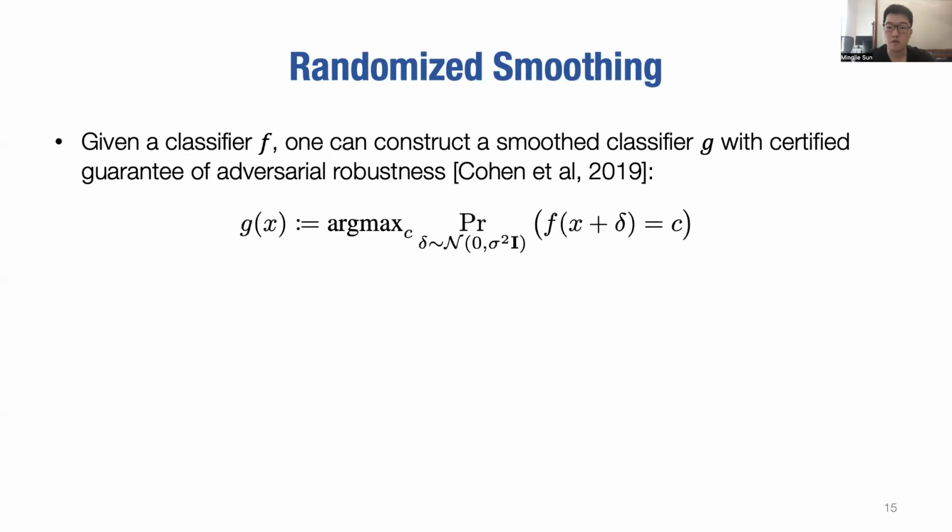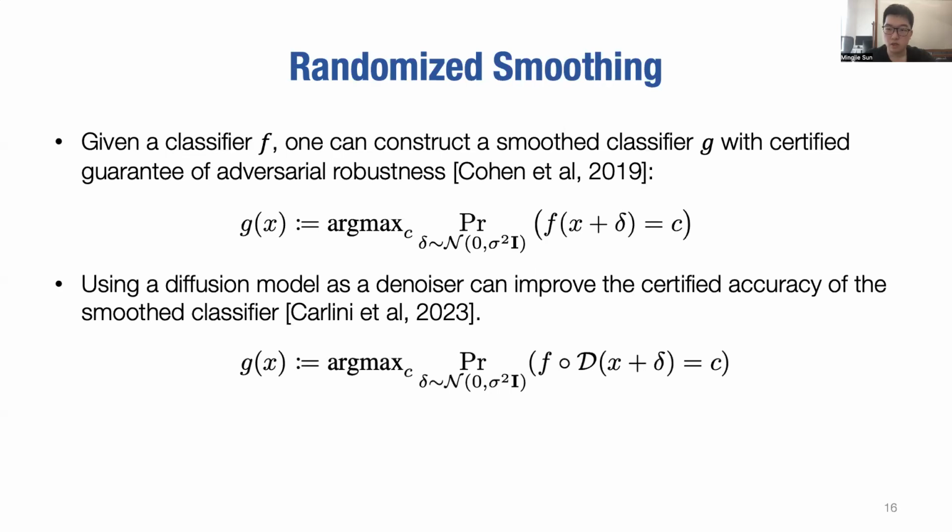To overcome this difficulty, we utilize recent advances in adversarial robustness to robustify a pre-trained classifier. We consider a technique called randomized smoothing, proposed recently for certified adversarial robustness. For each input image, the prediction of the smooth classifier is defined by taking the majority vote over Gaussian noisy versions of the clean input.